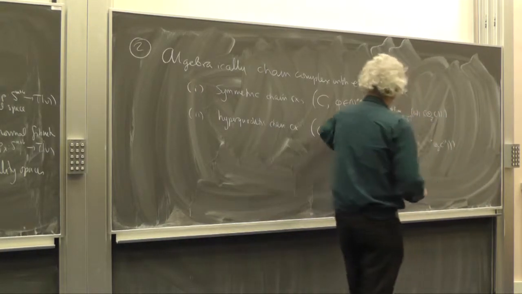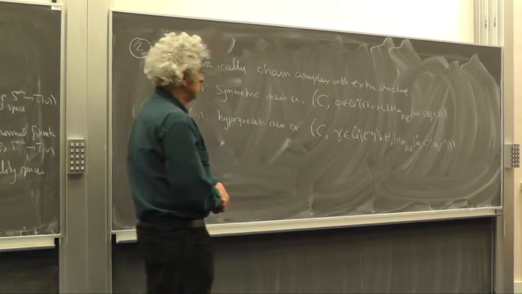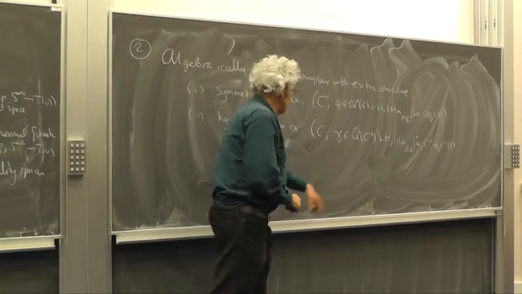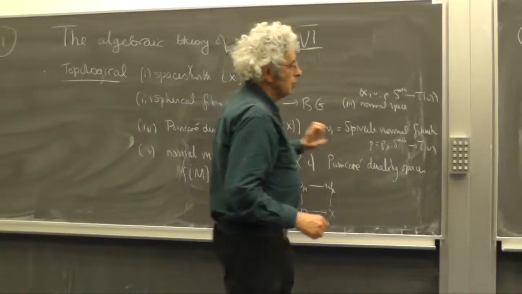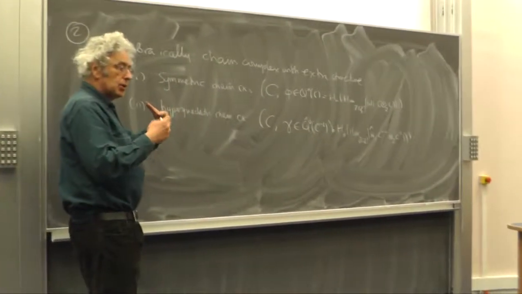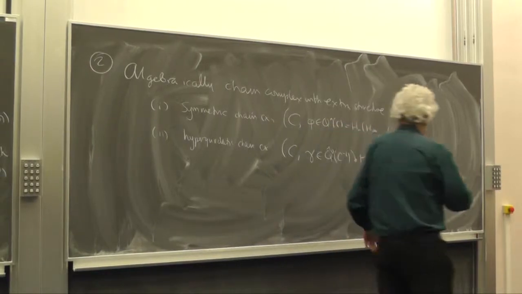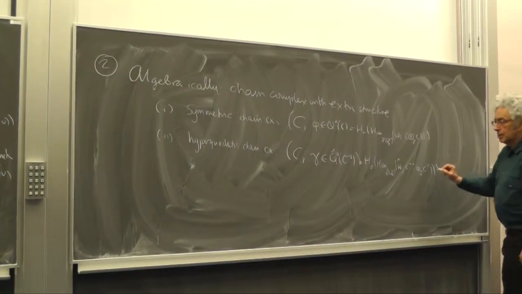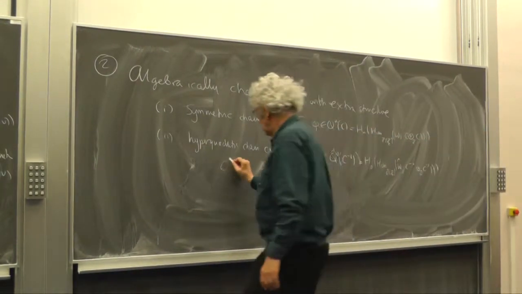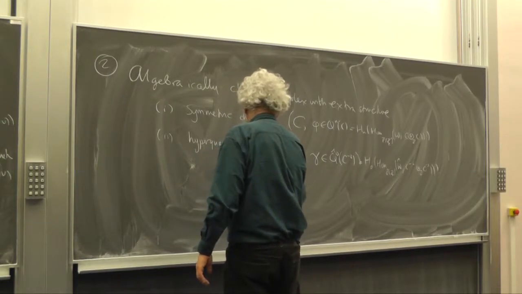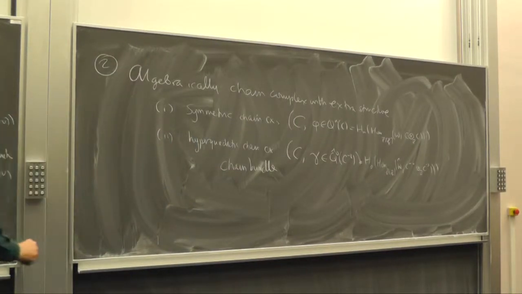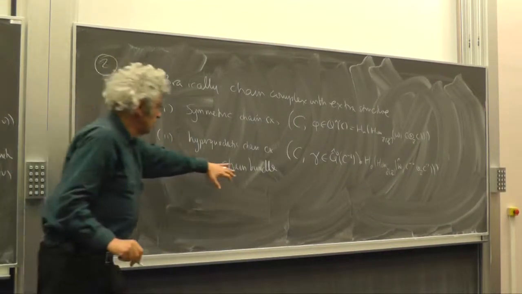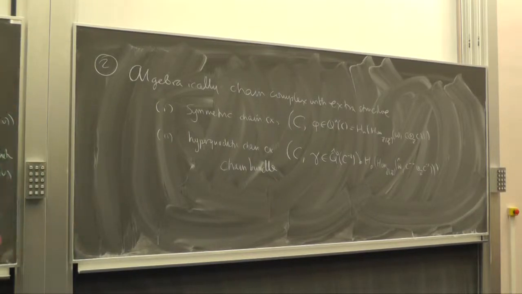So remember, this is covariant in C, but this is contravariant in C. So this passage from spherical fibrations to hyperquadratic complexes is contravariant. It's a bit like K-theory. So let's call it the chain bundle. Just as topological K-theory is contravariant in X, so this algebraic theory is contravariant in C.